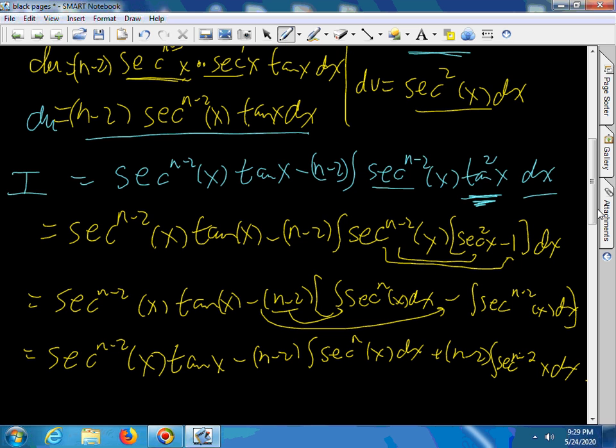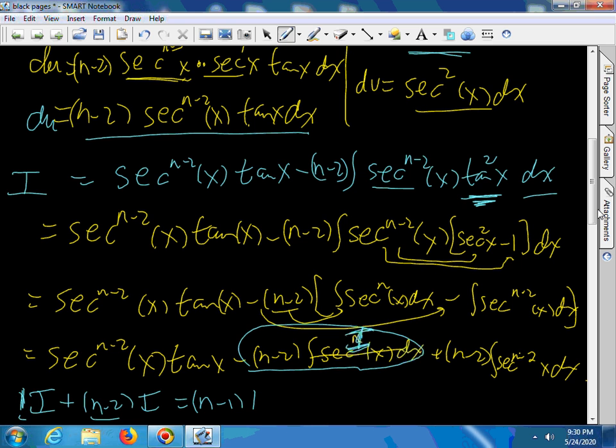Okay, now this here is just I. So on the left side I have I, or one I. When I bring these I's over, it'll become plus n minus 2 I, and 1 plus n minus 2 is n minus 1 I's. So if I bring this to the other side, I'm going to get n minus 1 I's.